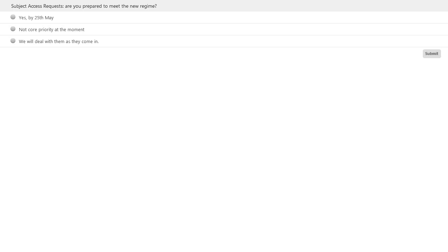Turning to the second question on subject access requests, again, we know that it's becoming more topical. We know it's becoming more and more of an item that's on your radar. But interesting from what you're voting today, some 50% of you think that you will be ready by the 25th of May for the new regime of subject access requests. A small proportion, 10%, think it's not a core priority for you at the moment.